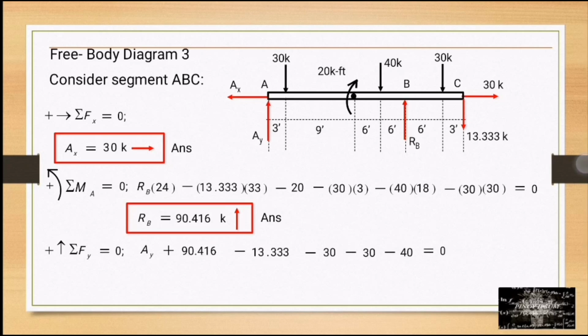So, ang AY natin is equal to 22.917 kips. So, this is upward. So, correct yung assumption na direction natin. Okay?